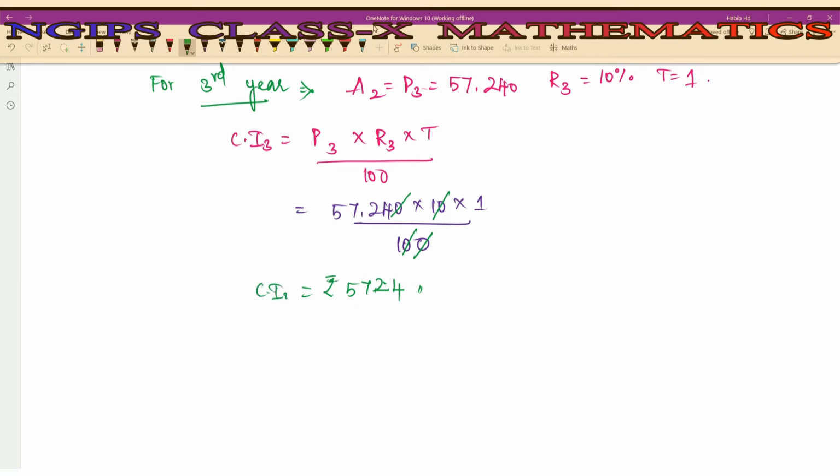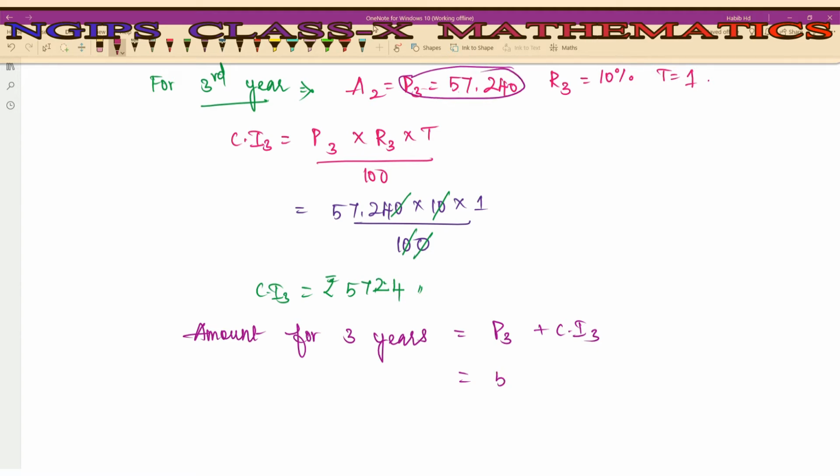Now we need to find out the amount for the third year. So amount for 3 years is equal to third year principal plus third year compound interest. So third year principal we have here it is 57,240 rupees plus 5,724 rupees.